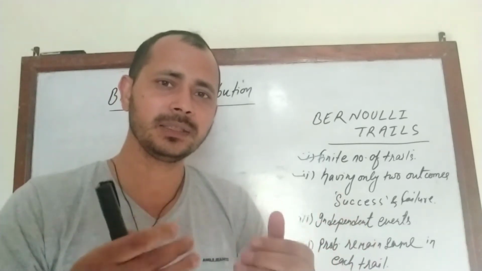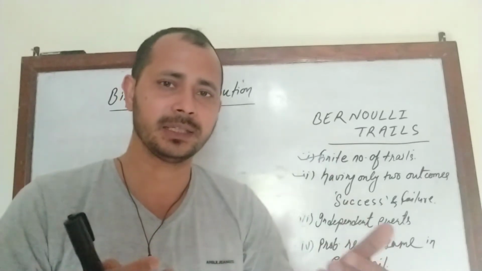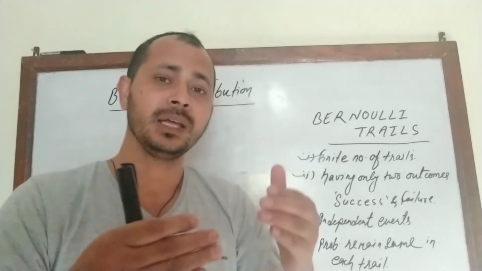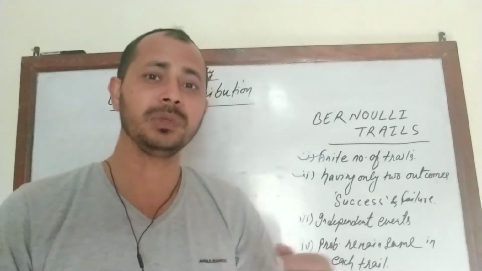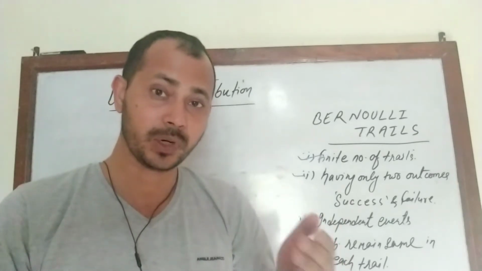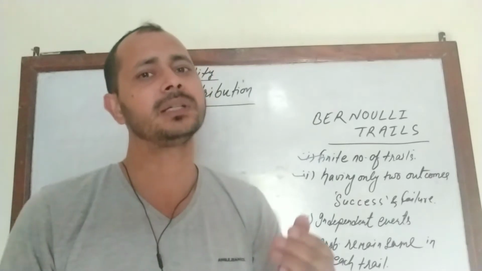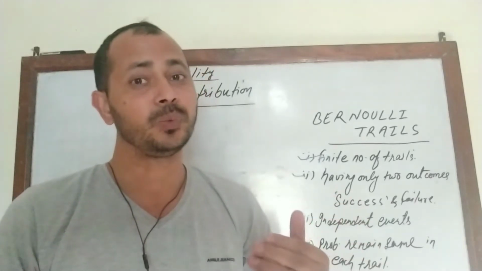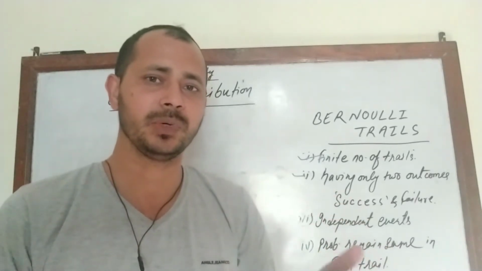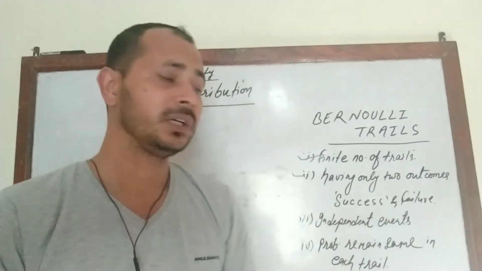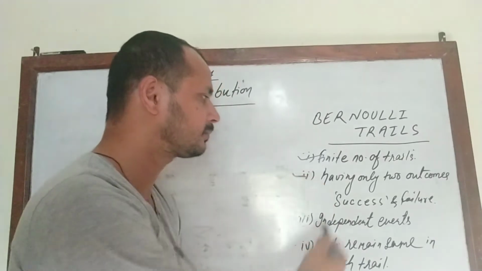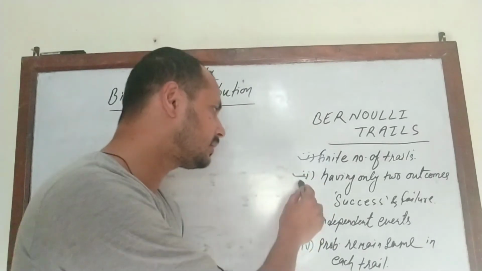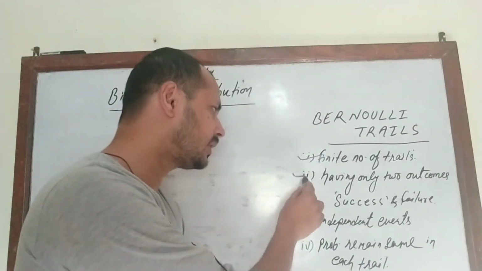In this way, either I like this or I don't like this. We have to check whether the outcome shows two possibilities or not. What is required comes under success, and what is not required comes under failure. So a trial containing only two outcomes, success and failure, is the second important condition for a Bernoulli trial.